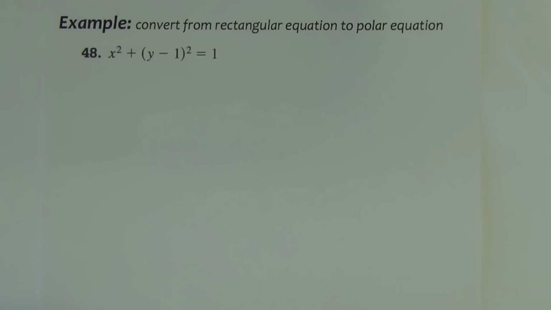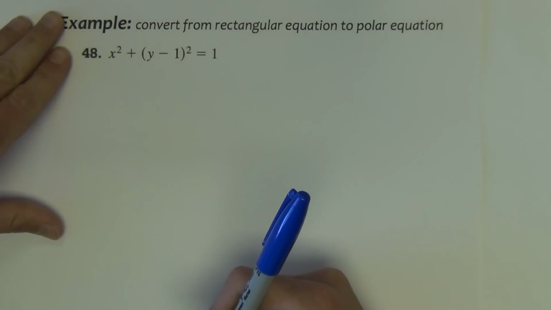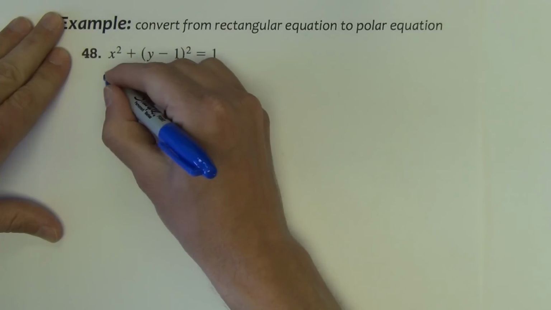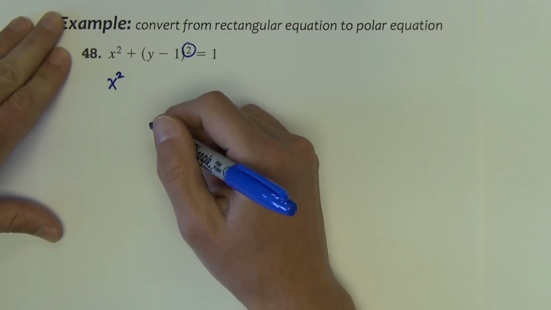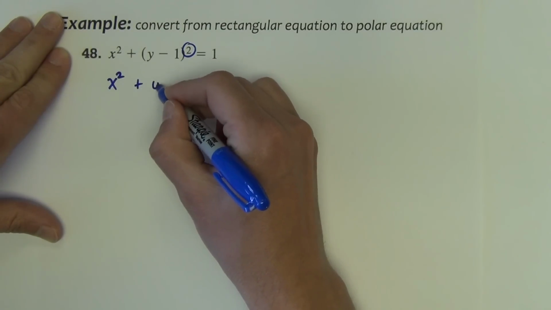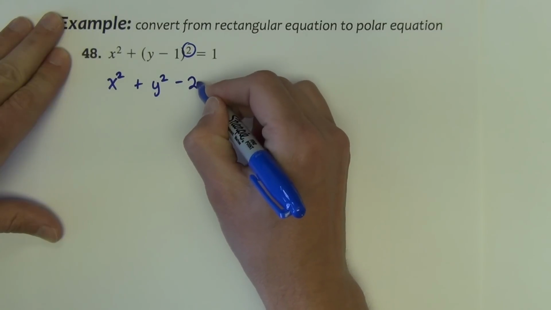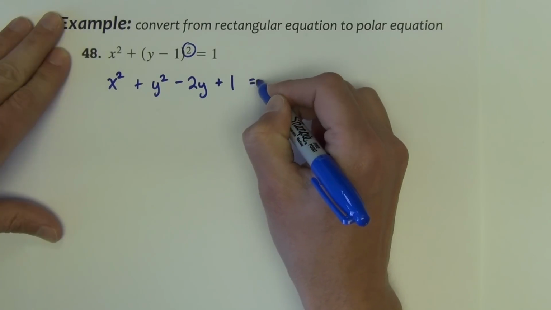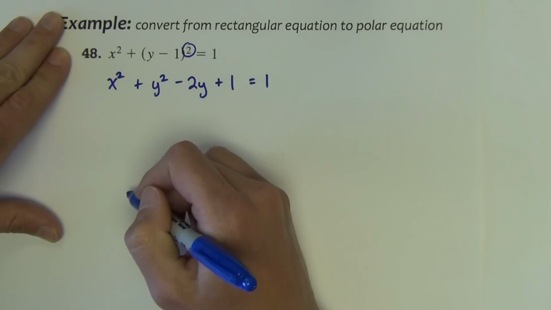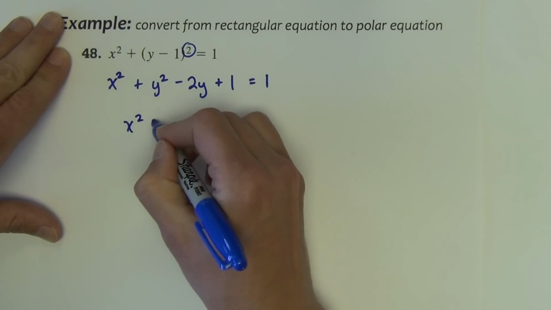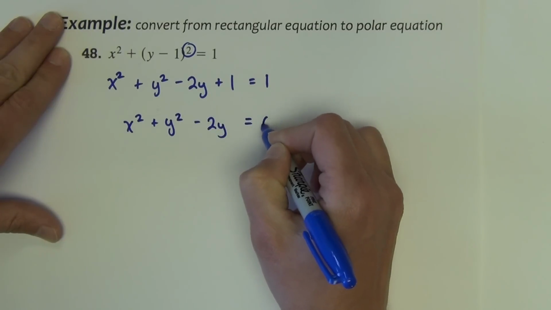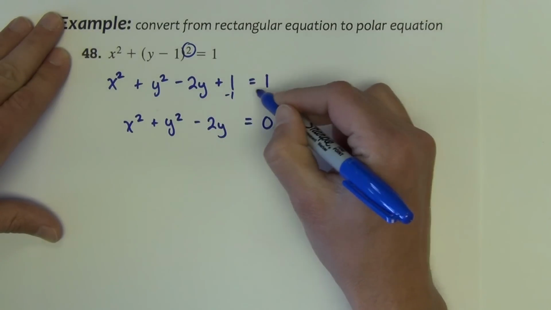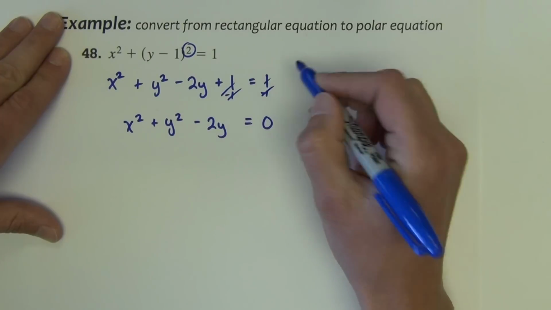This next example requires a little bit of algebra before we can do some substitution. Let's begin this problem by squaring this binomial. y minus 1 squared is equal to y squared minus 2y plus 1 equals 1, which is then x squared plus y squared minus 2y equals 0, as the 1's can be subtracted away.